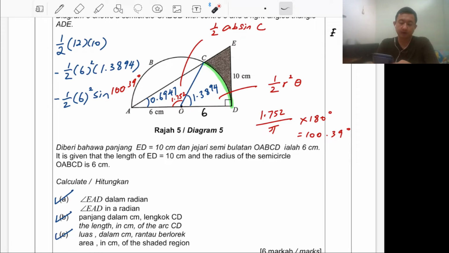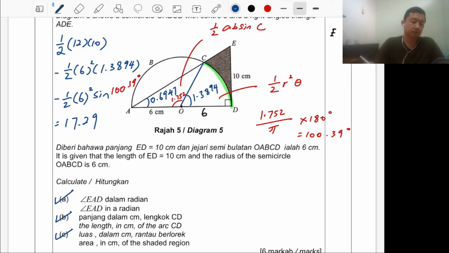So put everything in the calculator, check whether we share the same answer. You should get 17.29, around that, right? cm squared.